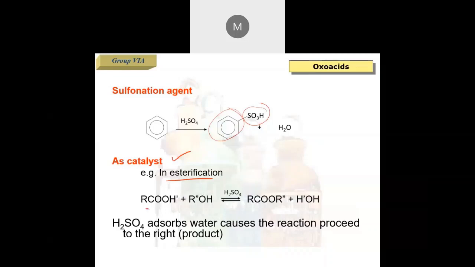One of the starting materials is an acid, and the other one is an alcohol. With the sulfuric acid as a dehydration agent, it will remove a water molecule and form the ester.